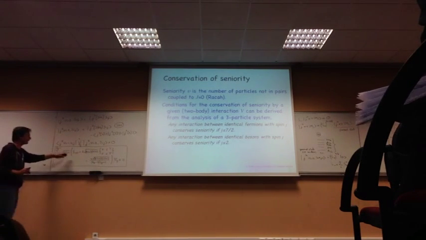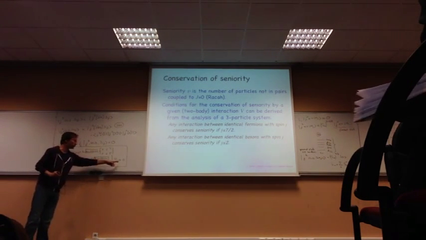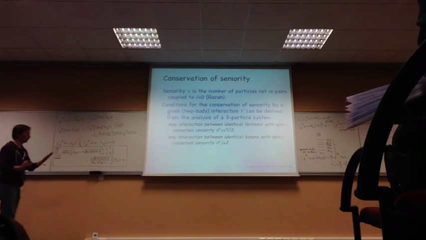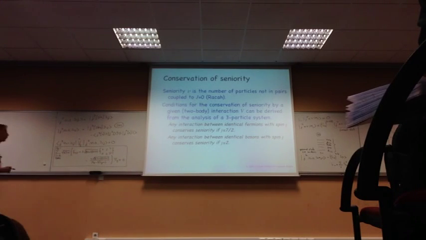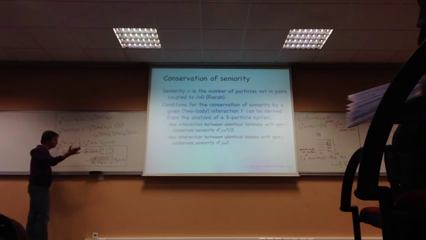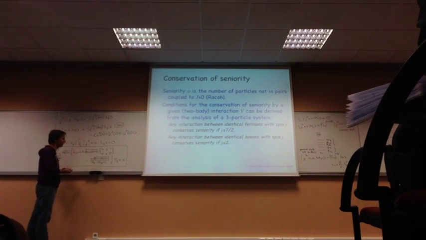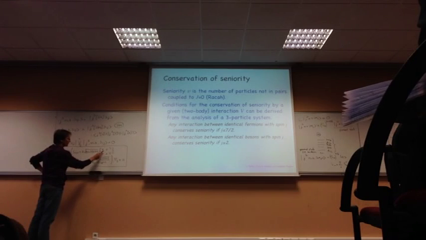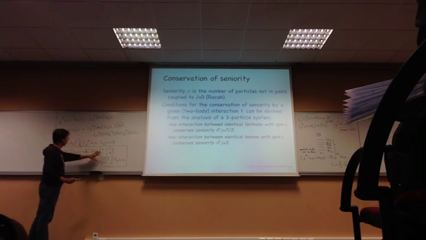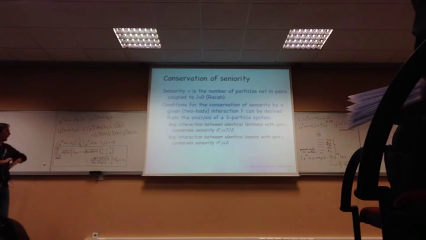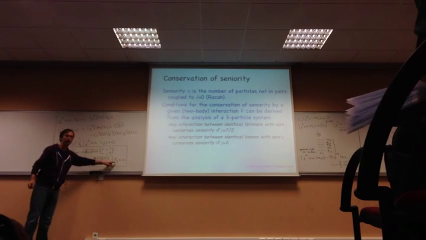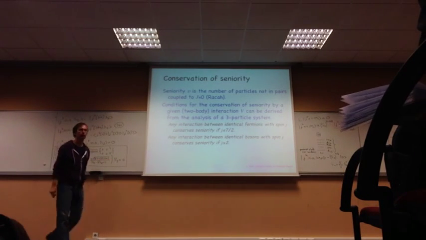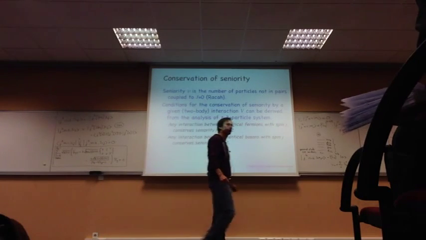So we find a linear combination of the two-body matrix elements should be 0. The amazing thing is now, and this is related to one of these exercises on the first day, that if you put here j equals 7 halves, all those coefficients are 0. So any two-body matrix element will conserve seniority.